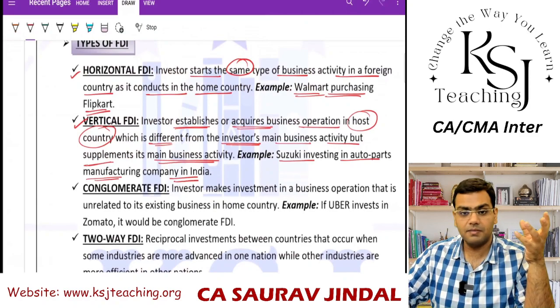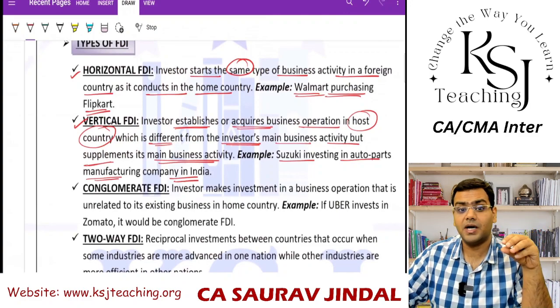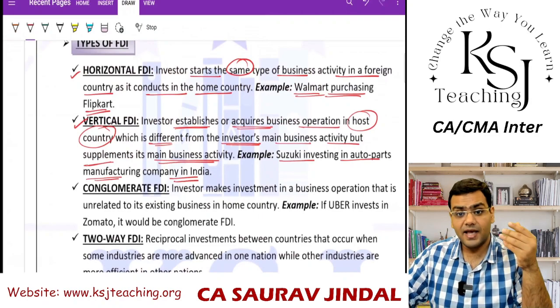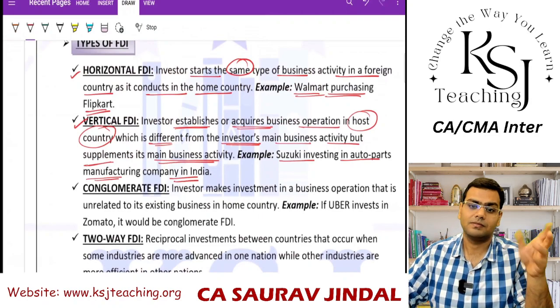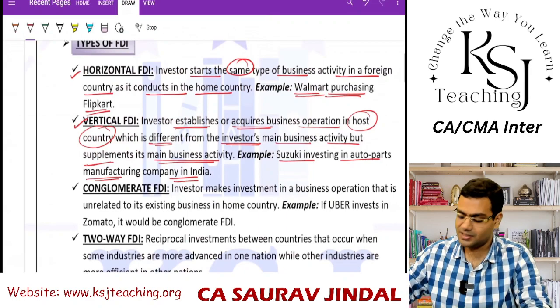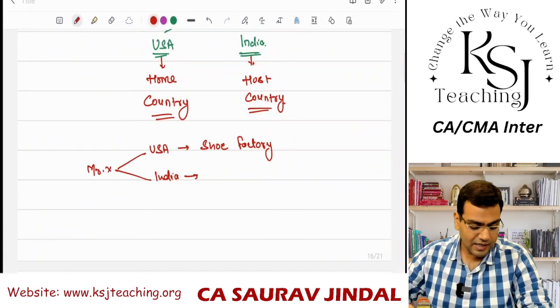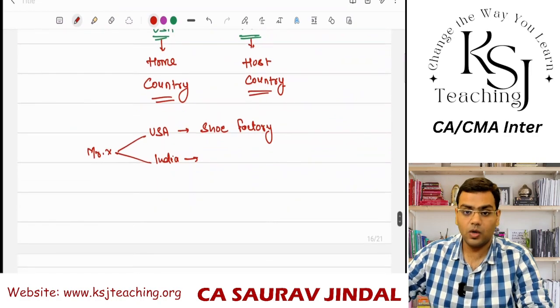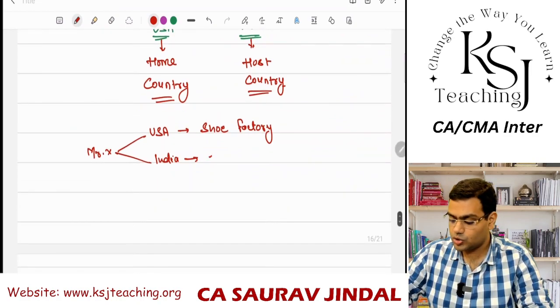They are the manufacturers of the cars and all those, right? But they invested in the auto parts in India so that that can help their business grow, right? Because the auto parts manufacturing is required for the cars, right? Like Mr. X invested in India in what? In the shoe sole making factory, right? There is a sole making factory.